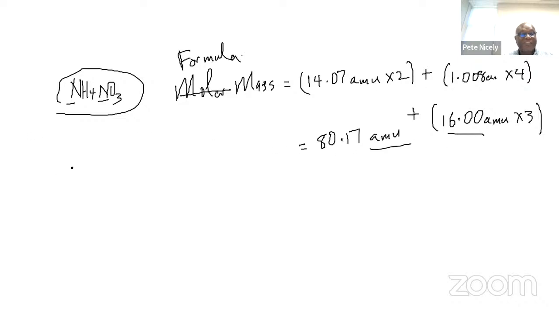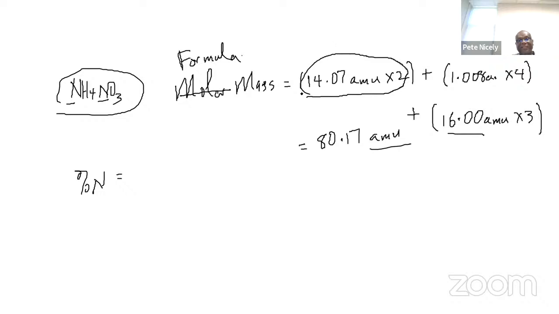All right, so let's deal with nitrogen. How do we calculate the percentage of nitrogen? You take the total amount of nitrogen grams per mole divided by... So in other words, you take this.